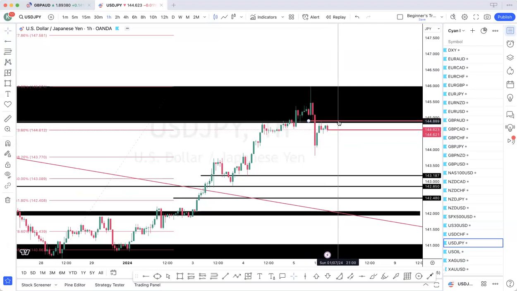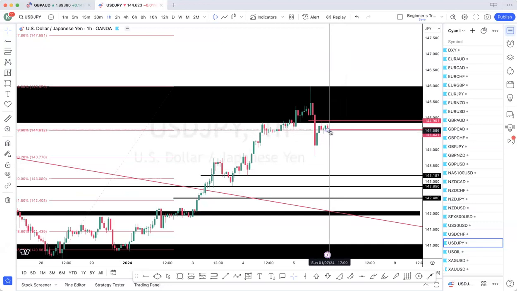But I do know that based off the strategy, although the bias is for the sell for the rest of the week, anything can happen. Like we know that Monday and Tuesday price is going to go one way, and then Wednesday, Thursday, Friday, it's going to start going another way, right?